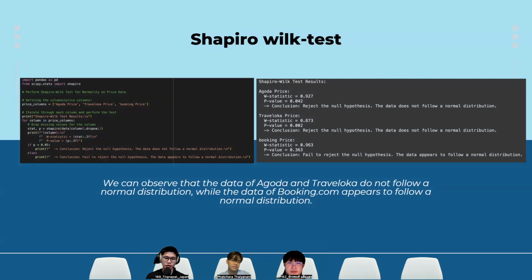In the Shapiro test, we can observe that the data of Agoda and Traveloka do not follow a normal distribution, while the data of Booking.com appears to follow a normal distribution.